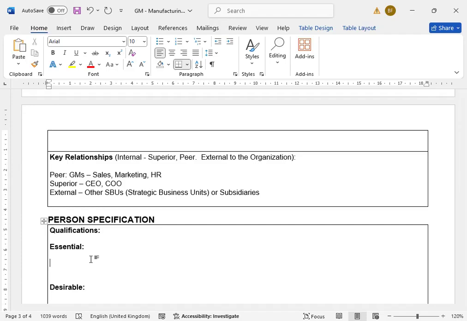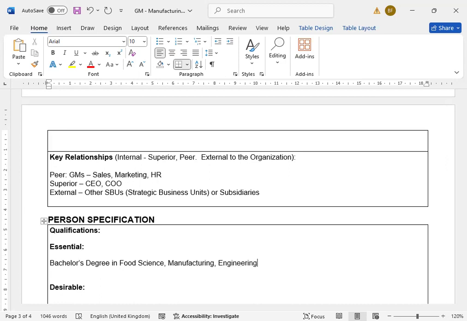For the GM, a bachelor's degree is enough. You don't have to have a PhD, things like that. In food science, or manufacturing, or engineering.